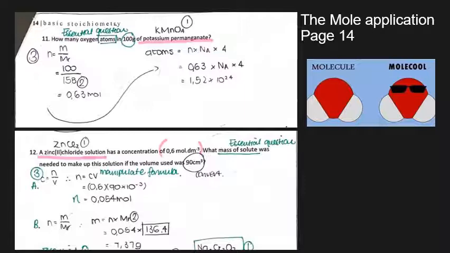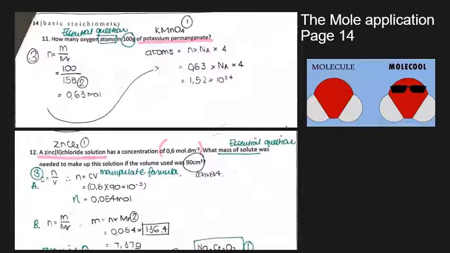Okay, once you have done number 1 and number 2, there's going to be a 2-step system here, because it's asking for the mass. So you have to work backwards now. The first thing you're going to do is get your moles using your concentration formula, because given the information you have, it just makes sense to use a concentration formula.